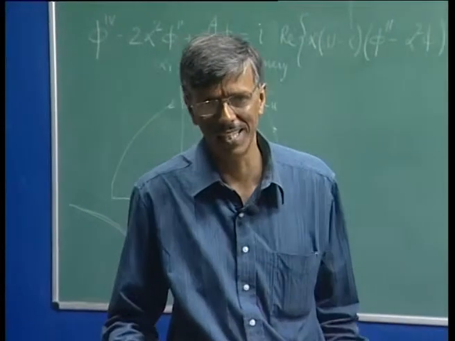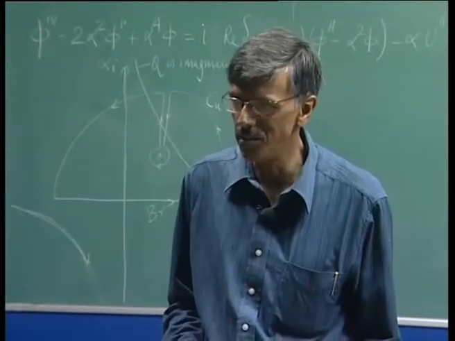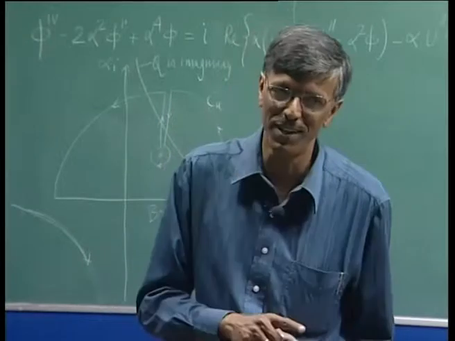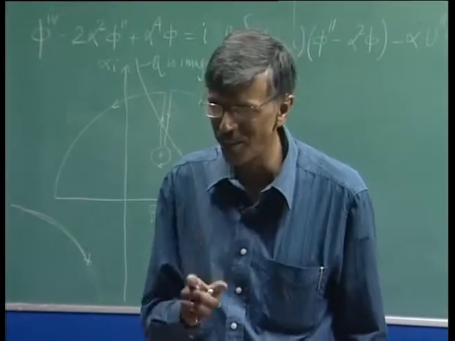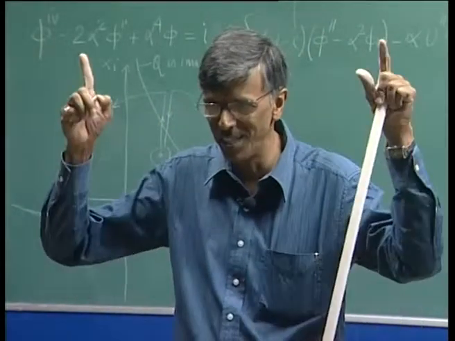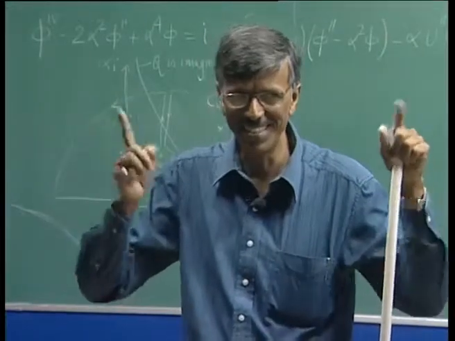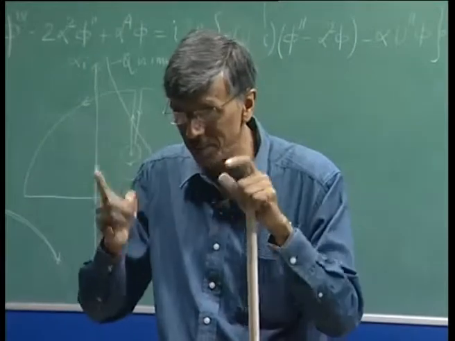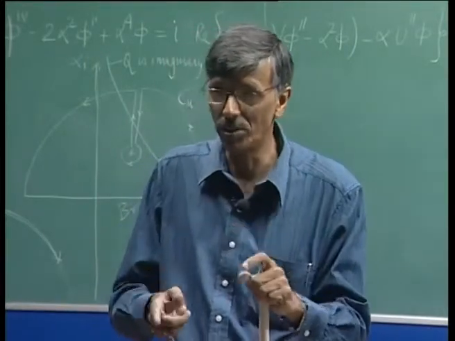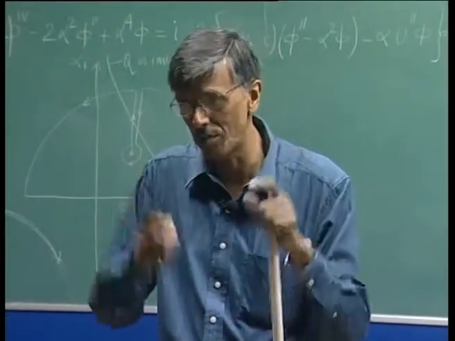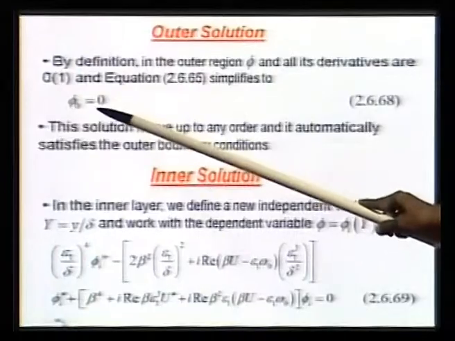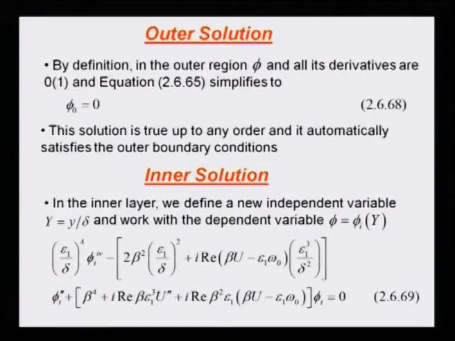So, it is a very clear cut thing that if you are looking at the boundary layer of the Orr-Sommerfeld equation, please do understand this boundary layer is within quotes. This is not the physical boundary layer that we have investigated so far. So, this is a boundary layer of the Orr-Sommerfeld equation, and outside that boundary layer, the only solution that is feasible is phi naught equal to 0. There is no problem with that.